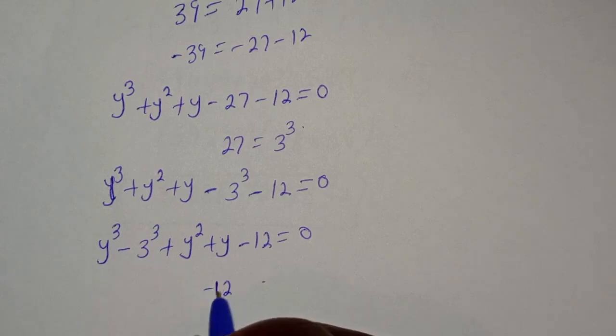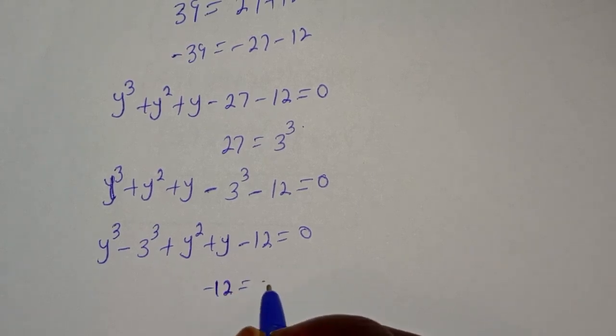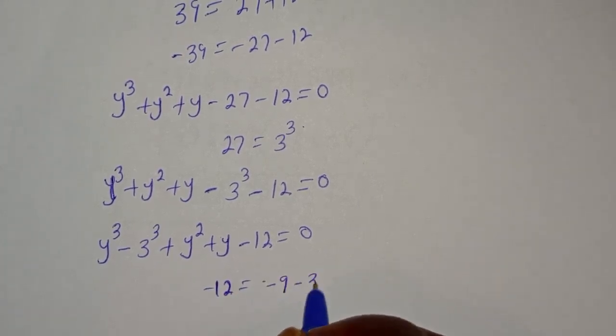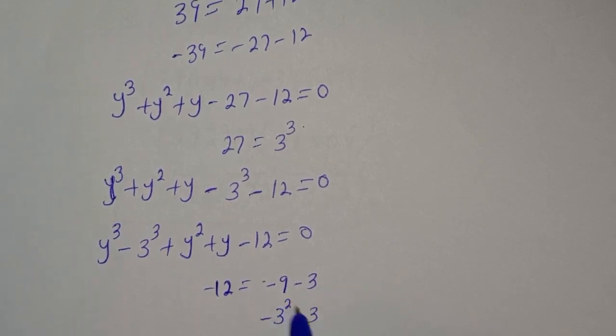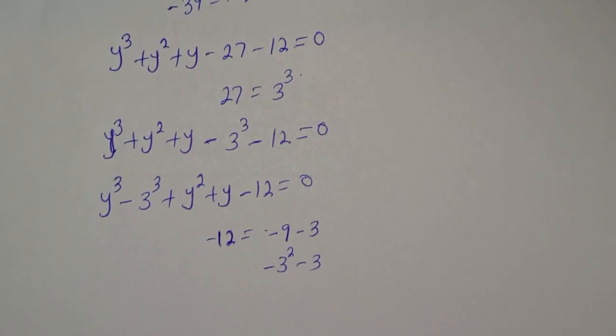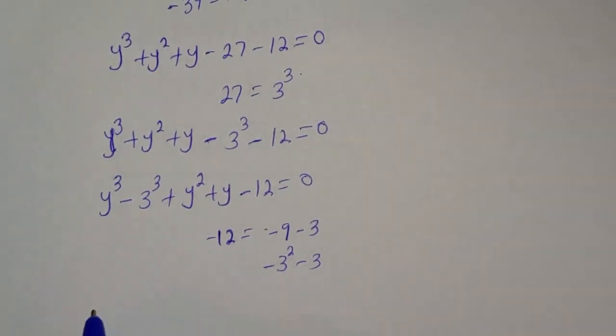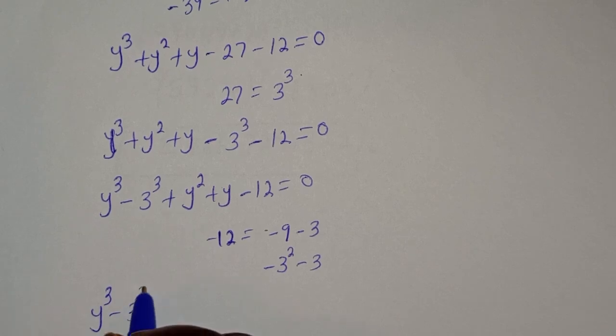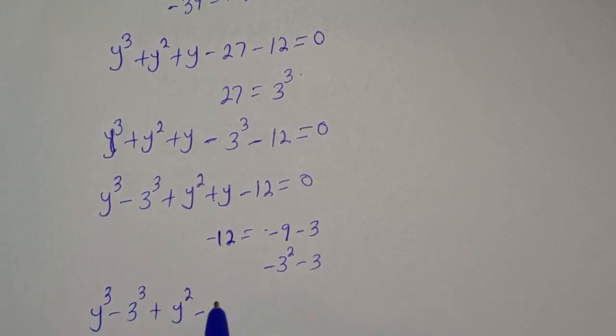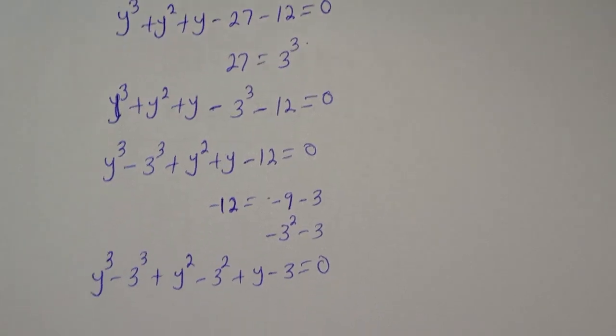Minus 12 is also minus 9 minus 3, and this is minus 3 squared minus 3. So let's substitute. This can be written as y raised to power 3 minus 3 raised to power 3 plus y squared minus 3 squared plus y minus 3 is equal to 0.